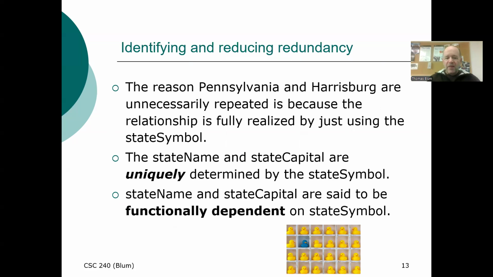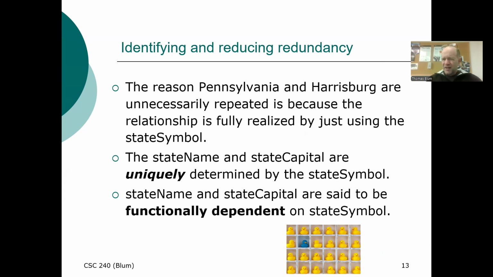Okay. And the way we're going to do this is that the reason we can pull out Pennsylvania and Harrisburg is that knowing PA is enough. If we see PA, then it can give us Pennsylvania and it can give us Harrisburg. And so we have this concept of functional dependence, that one thing determines another.